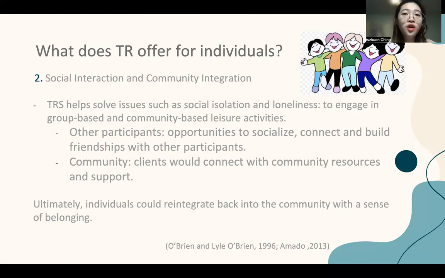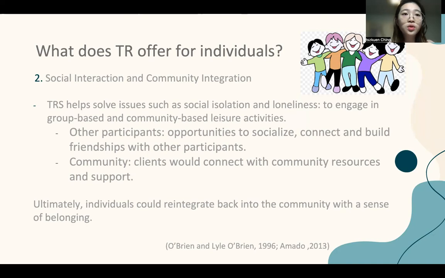TRS helps solve issues such as social isolation and loneliness by providing opportunities for clients to engage in group-based leisure activities. Through these engagement opportunities, individuals could socialize, connect, and build friendships with other participants.